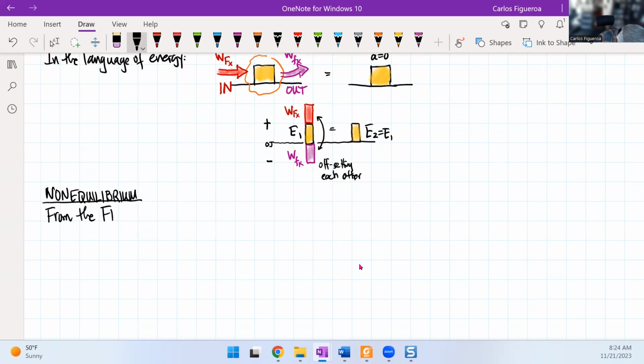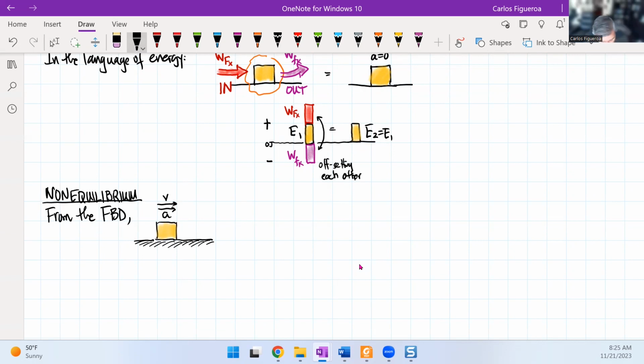So from the free body diagram, now I have a block that's doing what? I have a block where I have a system, and let's just say for the sake of argument, that this block is speeding up.